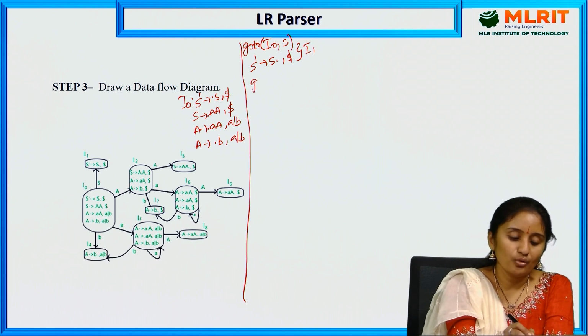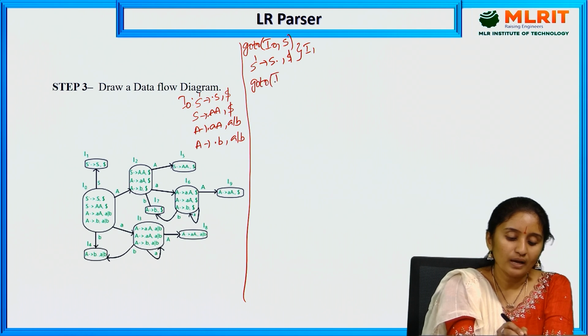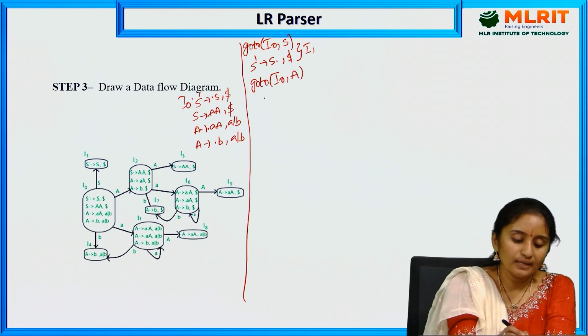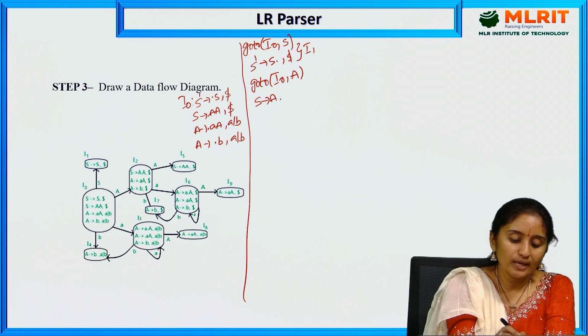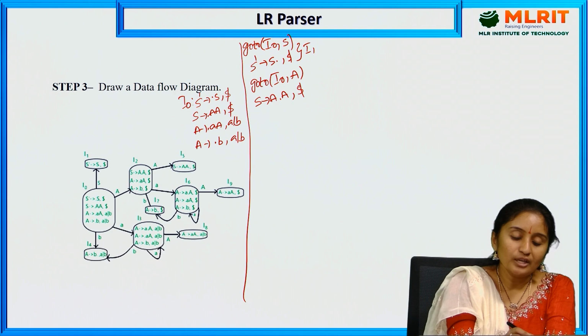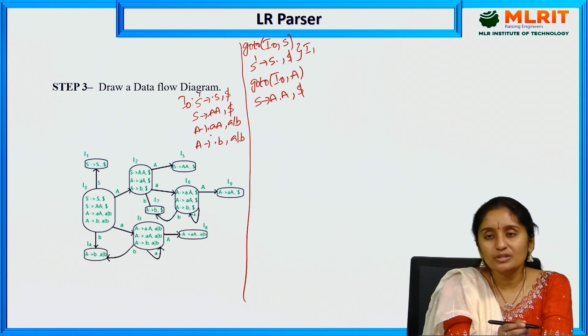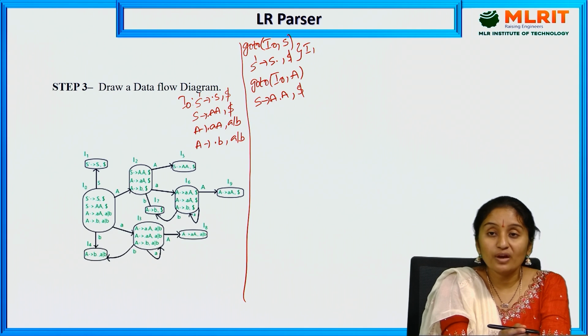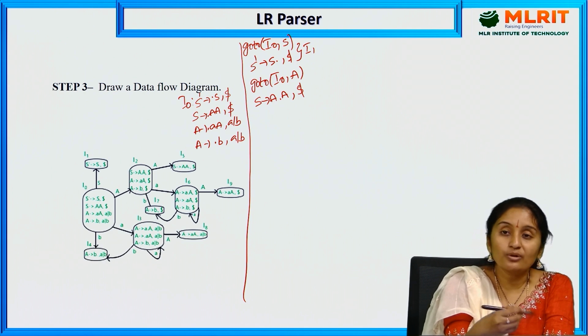Now goto(I0, A). S → A.A, $. As after the dot there is a non-terminal, we need to write the original non-terminal productions. We are not going to apply the goto function on the productions which we write because of the previous production.